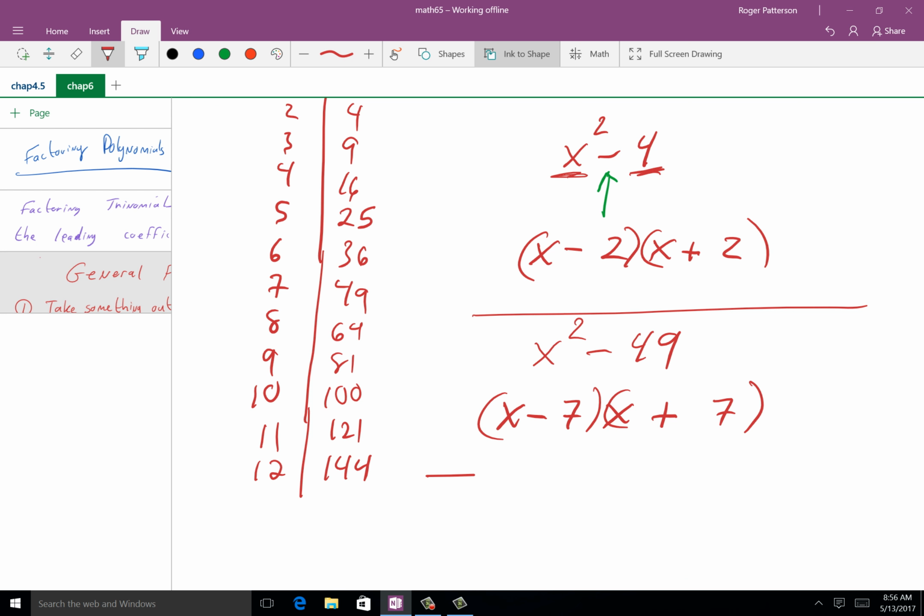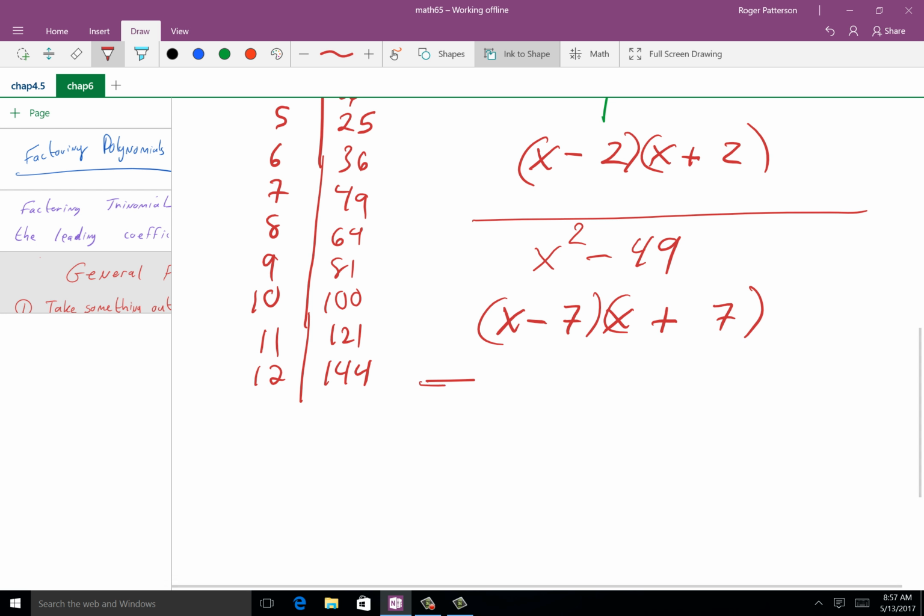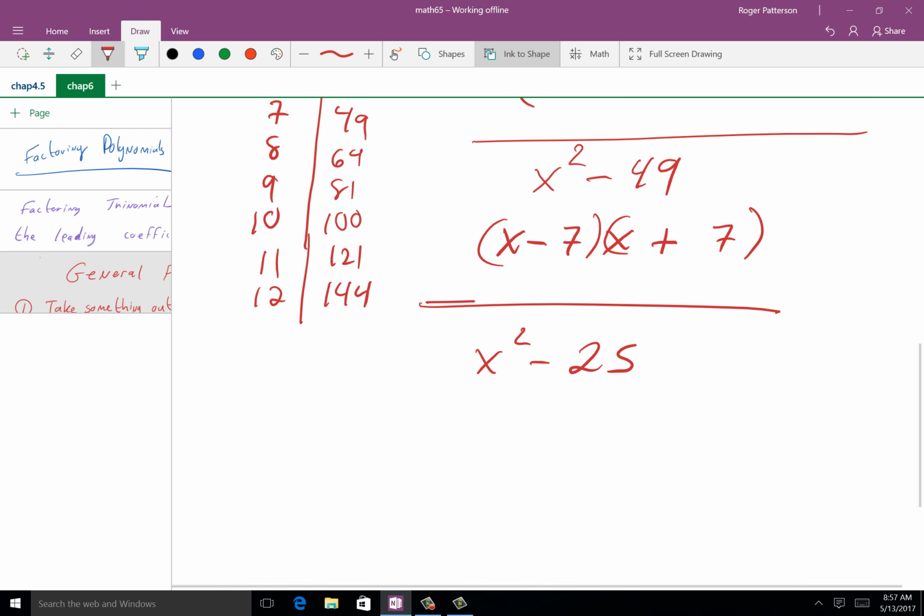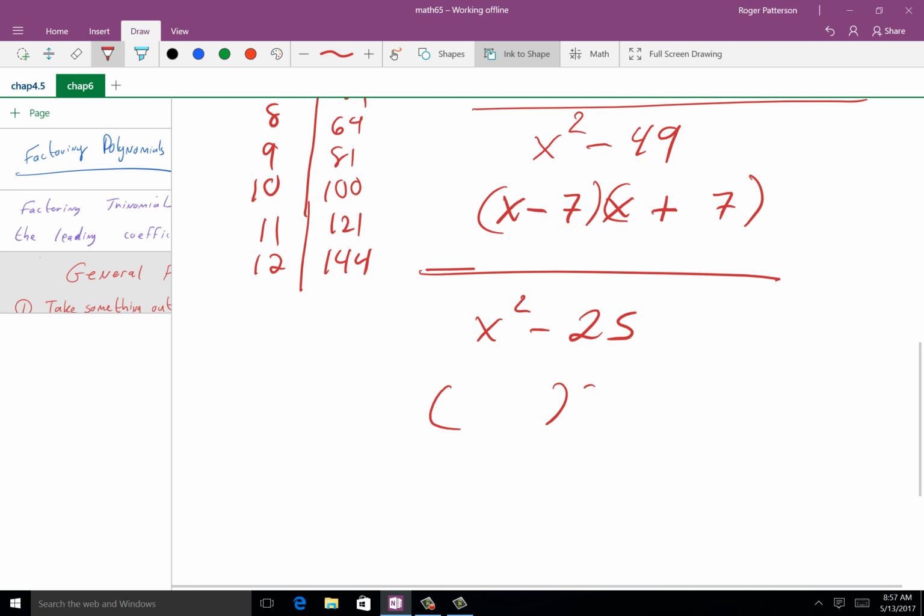Okay, so we'll try some more here. How about we try x squared minus 25? So what's that going to break down to? 5. So x minus 5 and x plus 5.